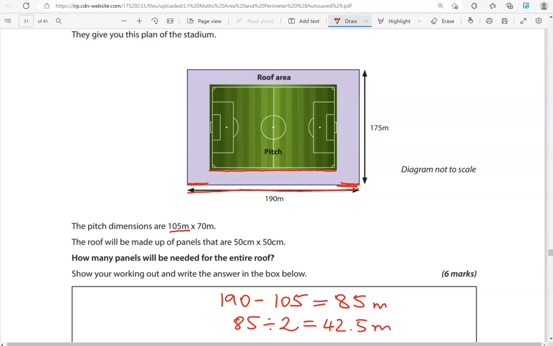So if I just split this into rectangles, then I've got this measuring 42.5 meters, and I've got this being 175 meters. So how many panels will fit along this width?